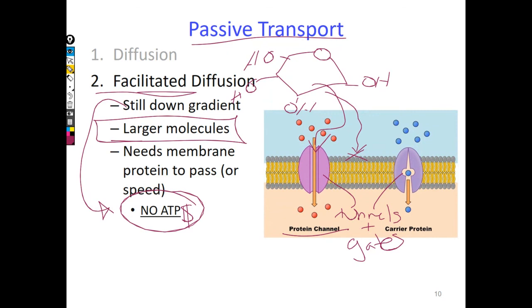Okay, so our membrane proteins are allowing things that are bigger to cross, right? And really anything bigger than those teeny weeny molecules. Any questions about that?